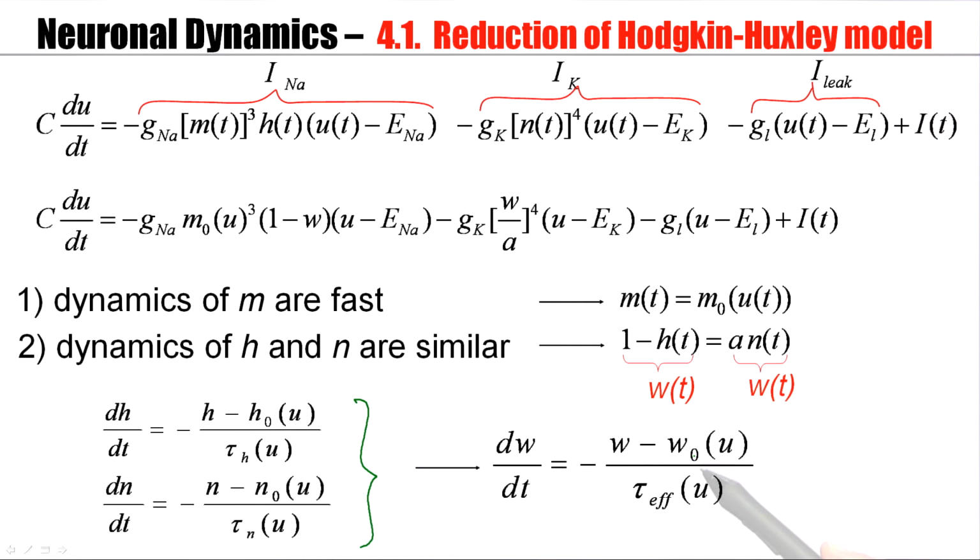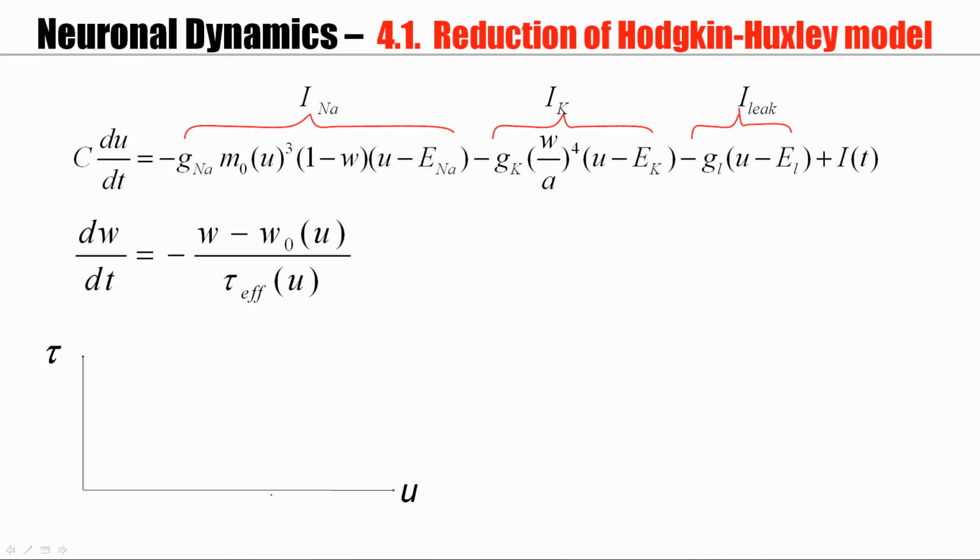Constructing this w0, and the time constant tau effective out of those two functions is not trivial. It's some additional calculation, but it is possible. So this is our final set of two equations.